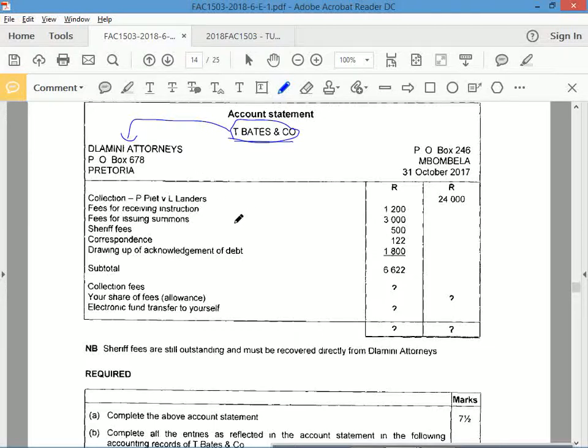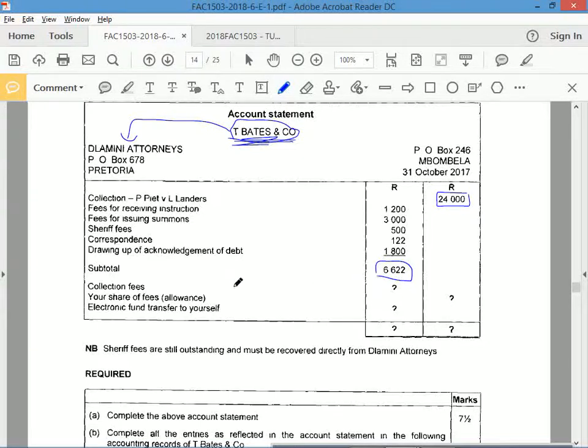So the instructing attorney has received this account statement from the instructed attorney. The collection was 24,000 that we've seen there. That's what they've collected on behalf of their clients. Fees for receiving the instruction, that's for issuing the summons. There's the sheriff fees, there's the correspondence, drawing up the acknowledgement of debt, and there's the subtotal.